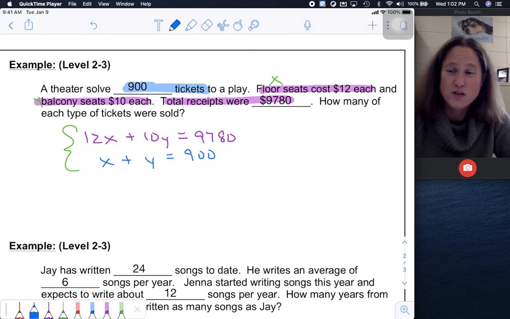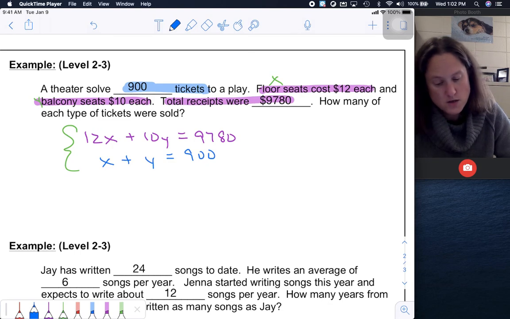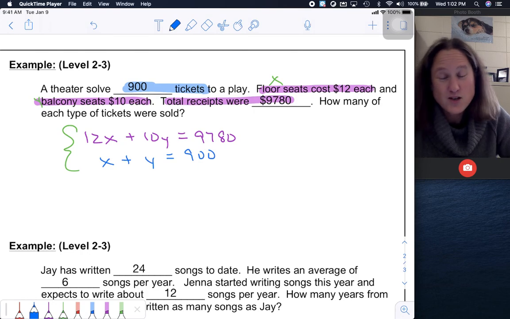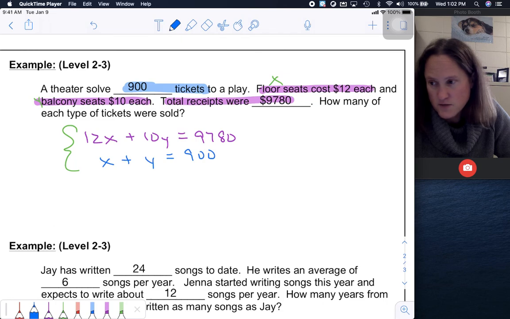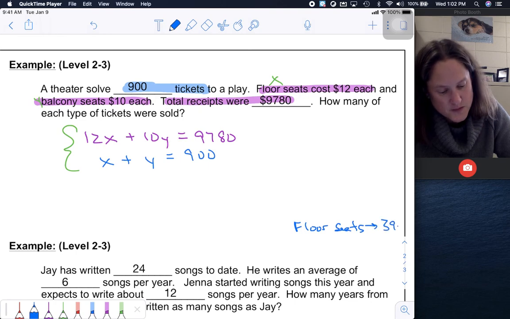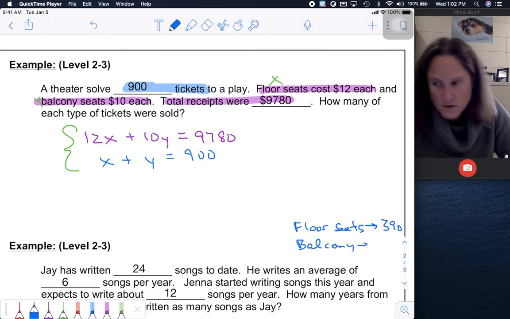Okay, so that's how you get your 2 equations there. So go ahead, again, and try to solve that system, and you should get that the floor seats were 390 of them sold that particular day, and the balcony was 510.